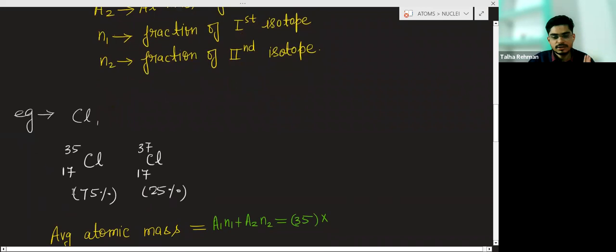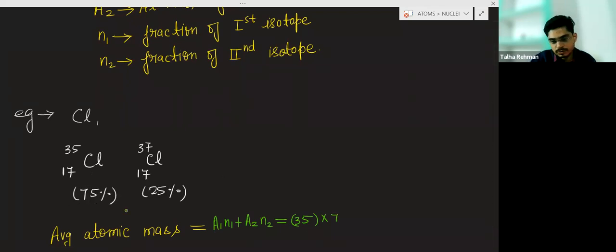In nature, you will find this atom of chlorine 75%, and this atom of chlorine 25%.